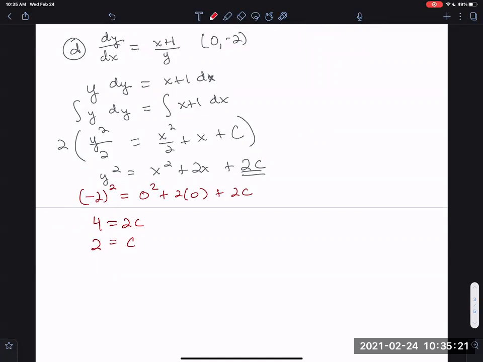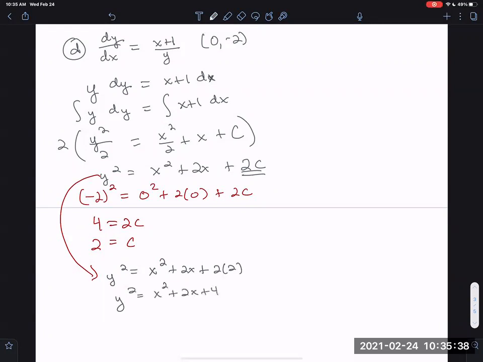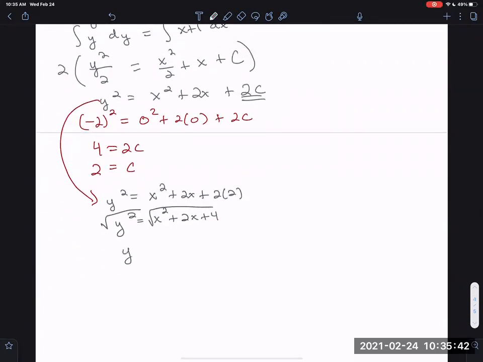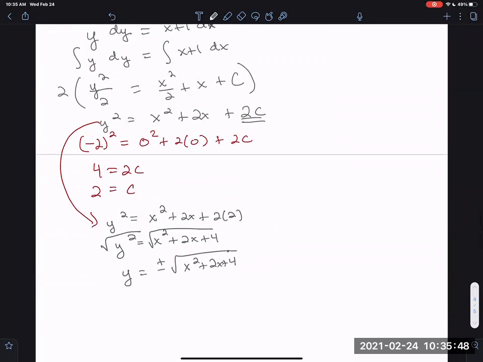And now from this stage, I'd go y squared equals x squared plus 2x plus 2 times 2, which is 4. And now I'm ready to do that. Plus or minus.